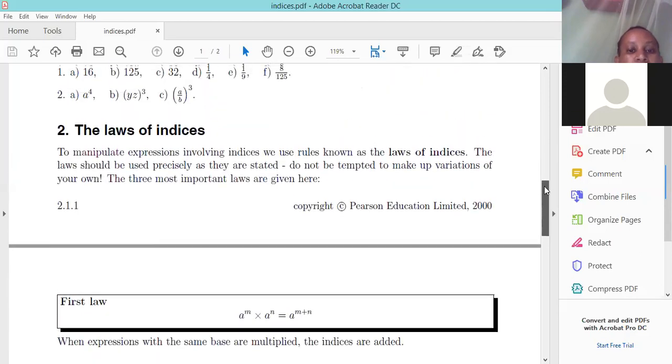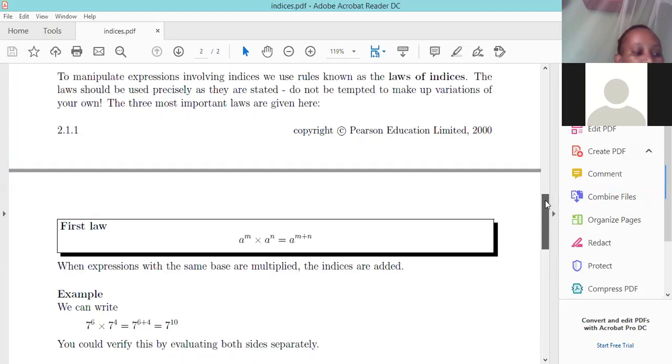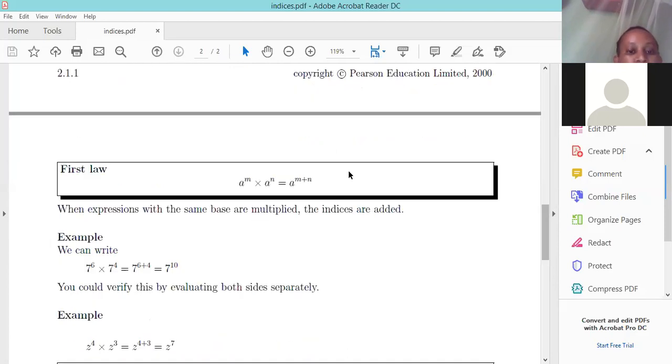Let's now introduce the laws themselves, and we are going to start with what we call the addition rule. This is the first law of indices, where given the same base, you can see the base is the same. What do we do with the indices, or what do we do with those powers? We normally sum the powers. Say a raised to the power of m multiplied by the same base a raised to the power of n.